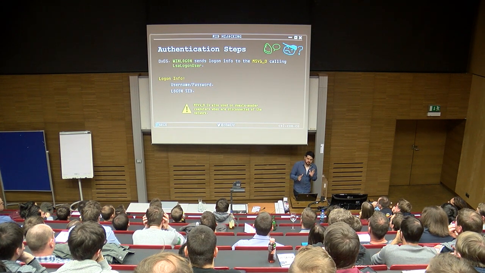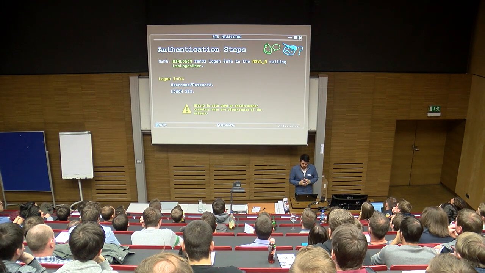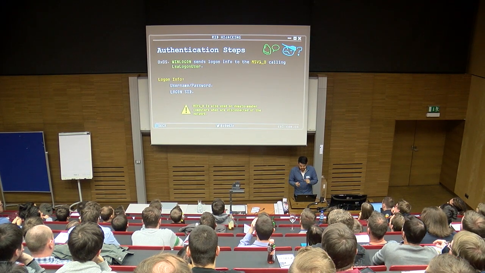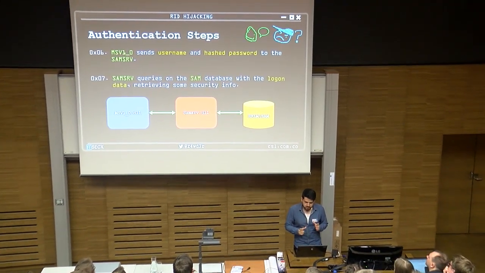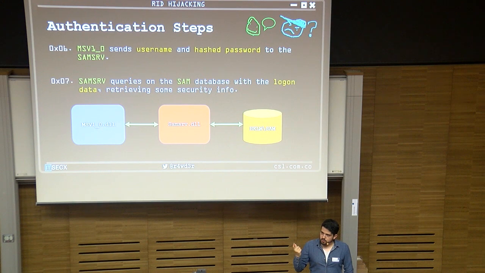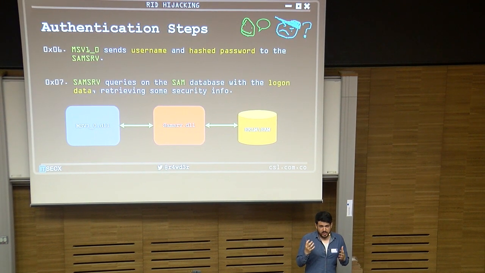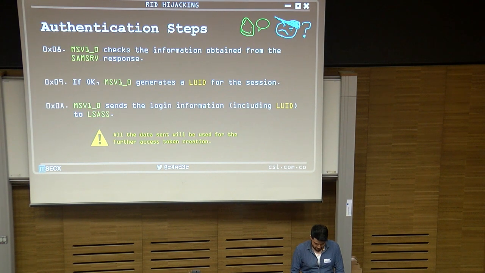So Winlogon will send this information to the authentication package called MSV1_0, and will send the combination of the username and password hash with the created Logon SID. And then in this critical step of the authentication process, the MSV1_0 will send the user password combination to the SAM server, which will retrieve the related security information, including the user security identity.